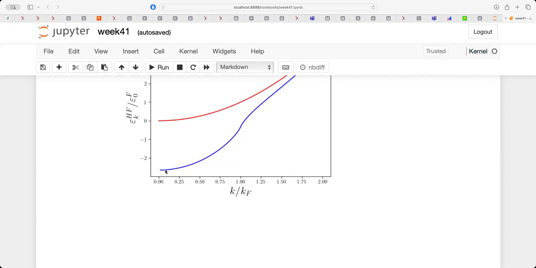So this would be the states which occupy all the single particle states below the Fermi level. And the gap which you see here between 0 and the Fermi level is the energy required to excite the lowest lying electron above the Fermi level.